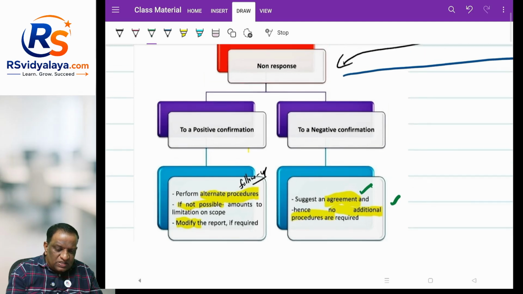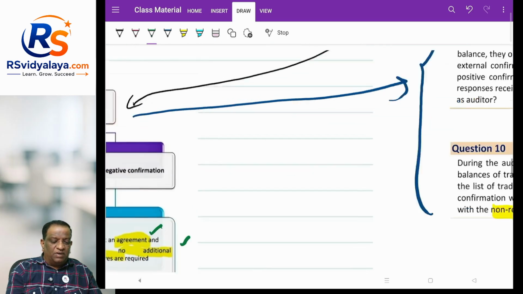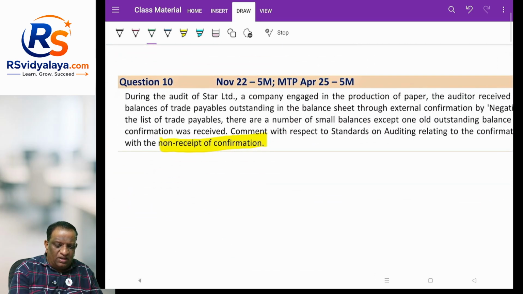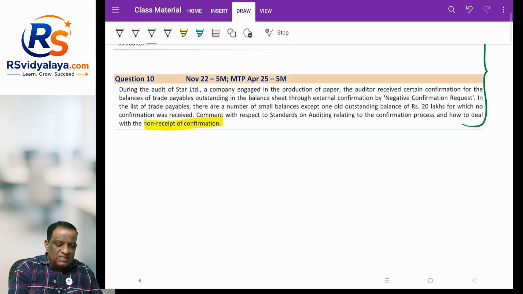So the chart that you are seeing is what he is asking: what do I do if there is no response from the third party? If you see the question here, I have underlined it, you can read it, but in the interest of time, he says that you have sent some communication, but the parties have not responded.